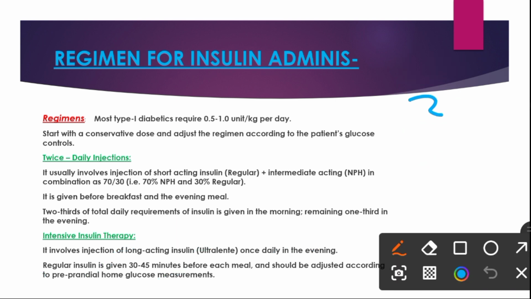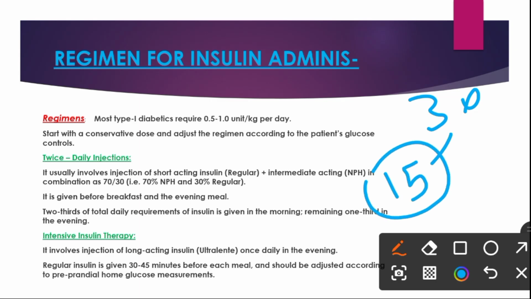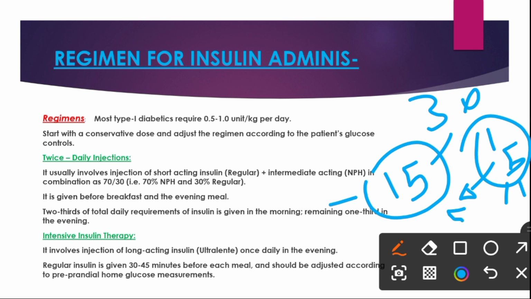So in 30 units, half of the dose is given as the basal insulin, that is the long acting insulin. So 15 will be given as a basal dose, and the remaining 15 are given as a bolus dose. Meaning that the remaining 15 units are given before each meal, such as in the breakfast, then at noon time, and then in the evening time, that is 5 and 5 and 5 units of insulin.